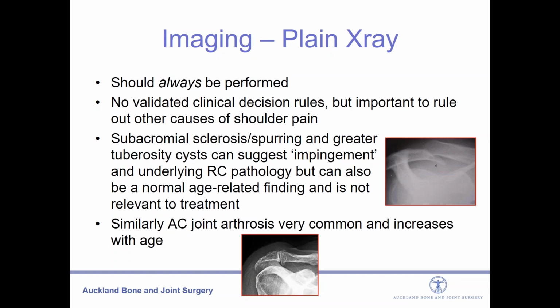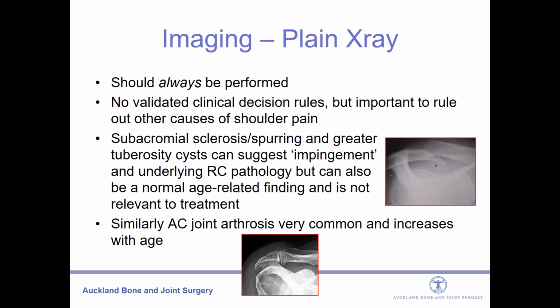Again, we have to take imaging studies in the context of that history and examination, because often in the older patients you will see pathology which might not bear any resemblance or relevance to the treatment that they require. You've all seen reports probably of sclerosis, spurring of the undersurface of the acromion, greater tuberosity cysts, where the radiologist might suggest this would be consistent with impingement and rotator cuff pathology.